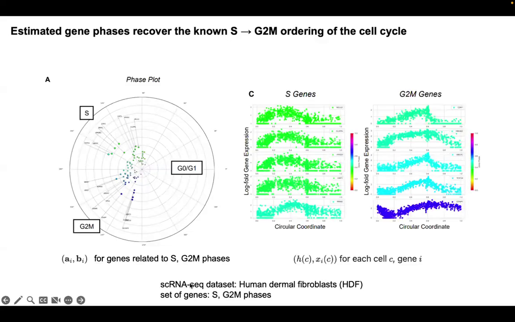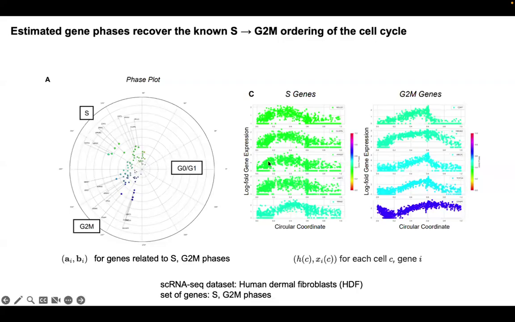They use the human dermal fibroblast single cell RNA sequence data set, and what we are interested in is the set of genes related to S and G2M phases. Also, H is the circular coordinate, and X_i is the preprocessed expression of genes related to i.